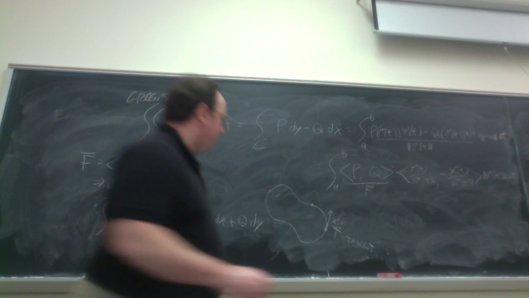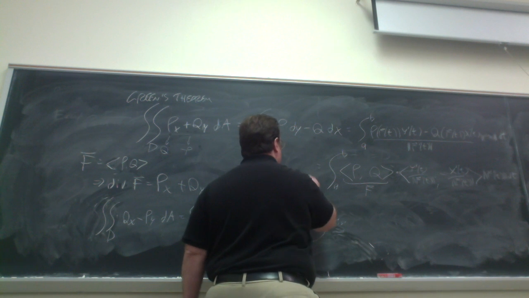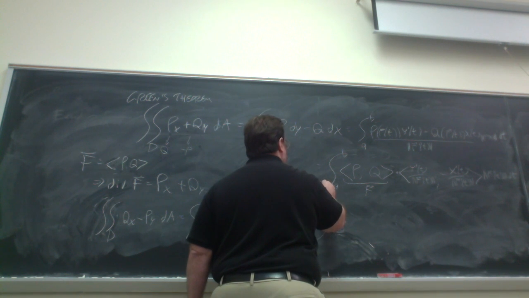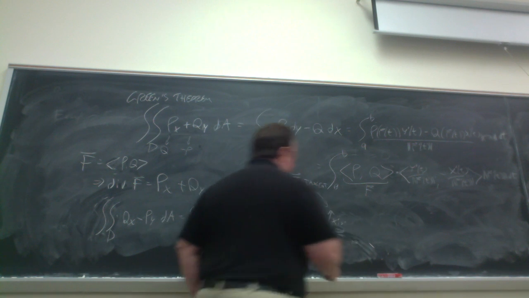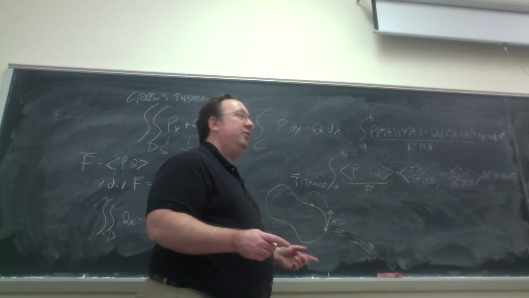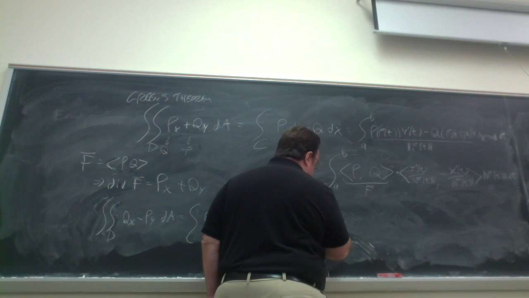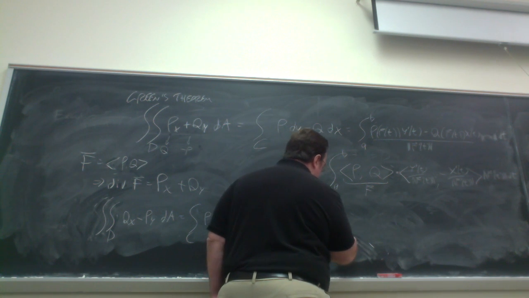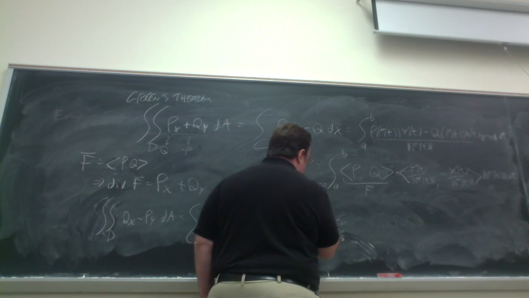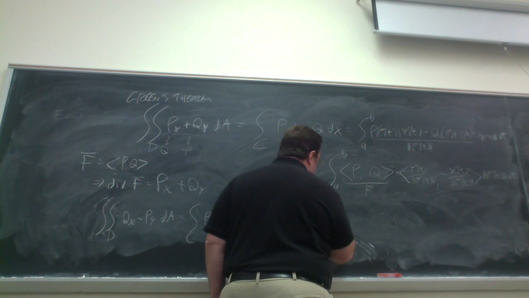Alright, so that's a tangent vector. Now, how do I get a vector that's perpendicular or orthogonal to this one? All I have to do is swap the components and negate one of them. So I could, for instance, take this one or this one. So I have y prime, x prime.